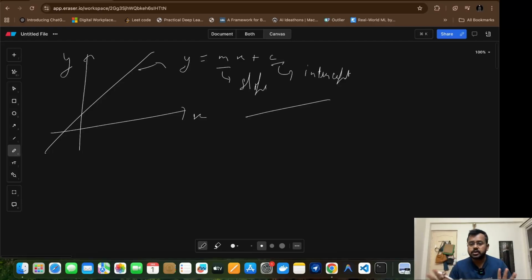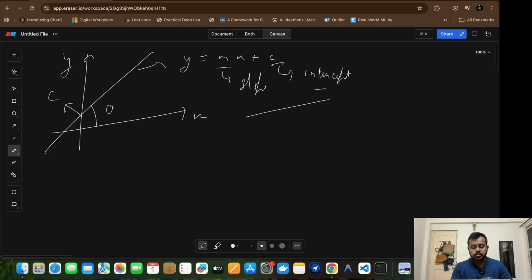This is what the line is composed of. The slope tells us the angle of the line with the x-axis, and c is the point where the line intersects the y-axis. Basically, a 2D line is composed of these two things only, the slope and the intercept.